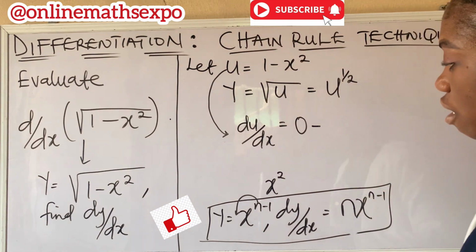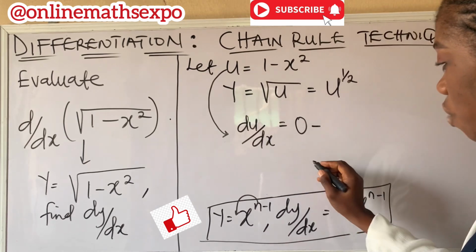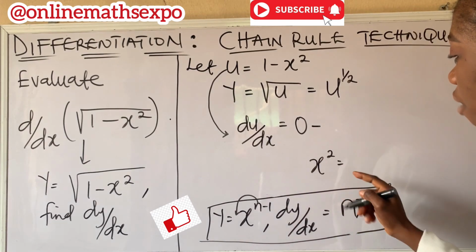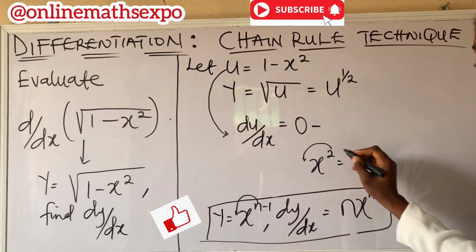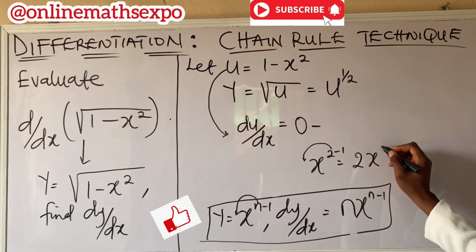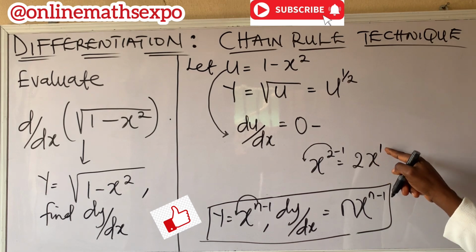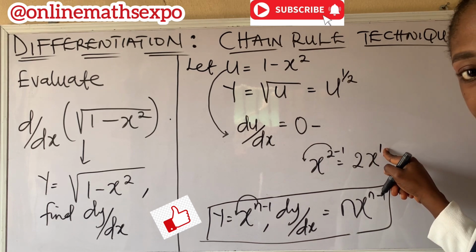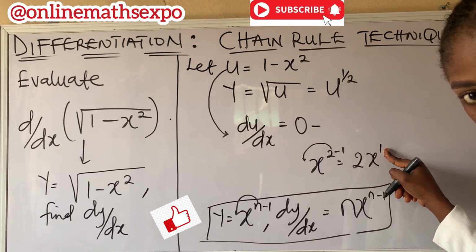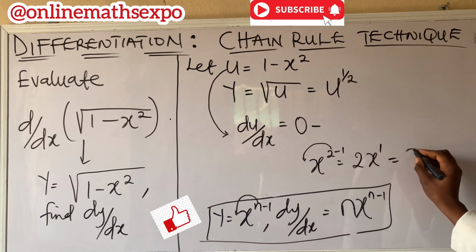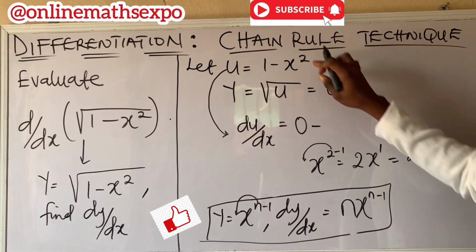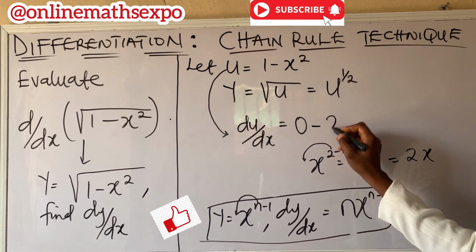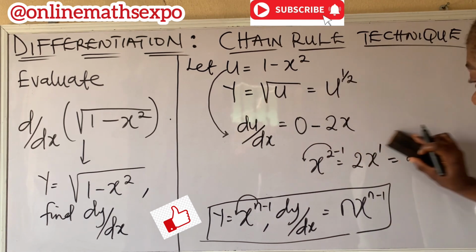It means that if I want to differentiate x squared, these two will multiply to give me 2x, then I'll take 1 from 2 to give me 1. And any letter or variable to the power of 1 is that variable. So if I differentiate x squared, I am going to have 2x. I hope that is clear.